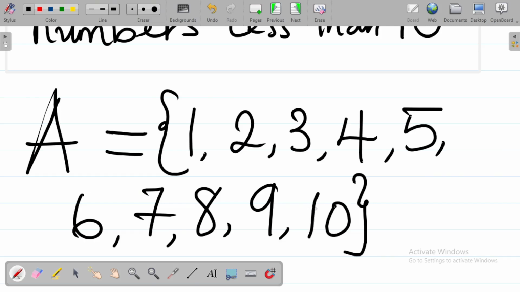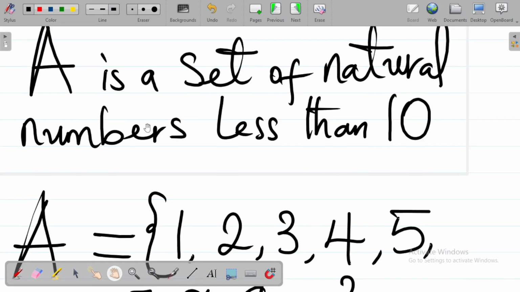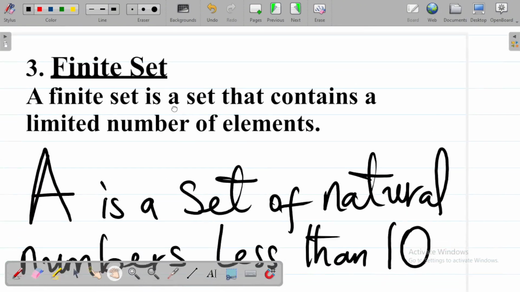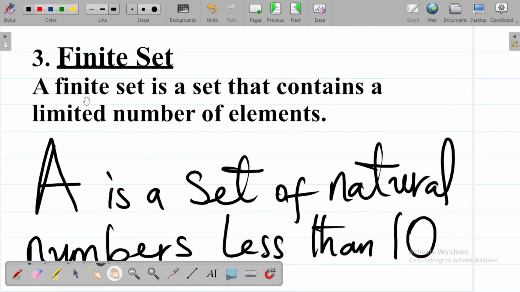It cannot be more than 10 as stated. You can see that set A is limited, so it ends at 10. So you start from 1, natural numbers 1 to 10. If it is more than 10, then it is not set A. That's what makes it a finite set, because a finite set is a set that contains a limited number of elements. Take note of this.